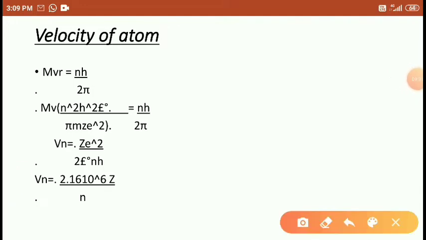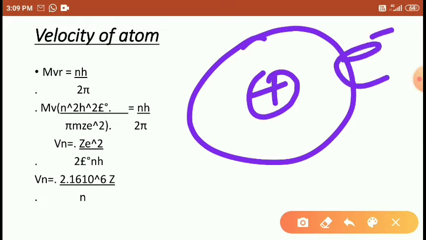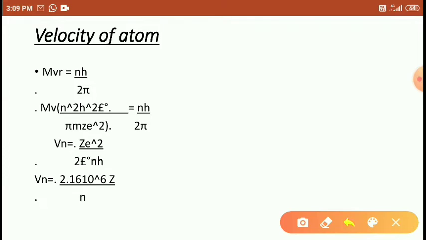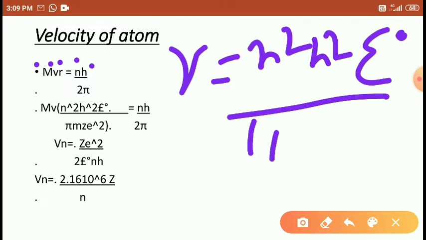Next is the velocity of the atom, when electrons are rotating around the nucleus. So what is the velocity of electrons? For the velocity of electron, we again use the angular momentum formula, mvr is equal to nh by 2 pi. Again we rearrange this formula. We already know the r value, which we got in the previous radius: n square h square epsilon naught divided by pi m Z square.